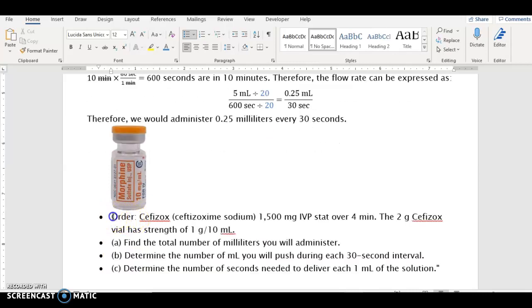Okay, so we have an order for this drug: 1500 milligrams IV push immediately over 4 minutes. And it says the 2-gram vial has a strength of 1 gram per 10 milliliters.